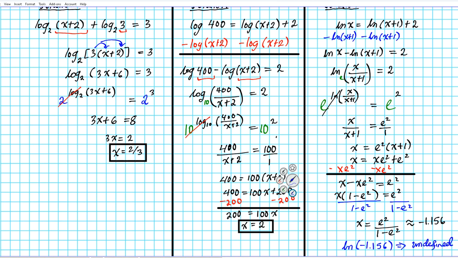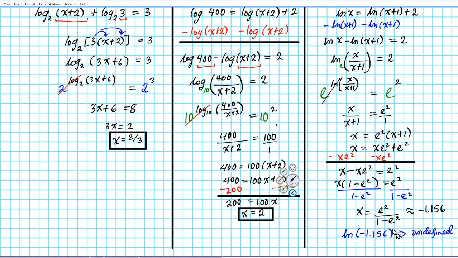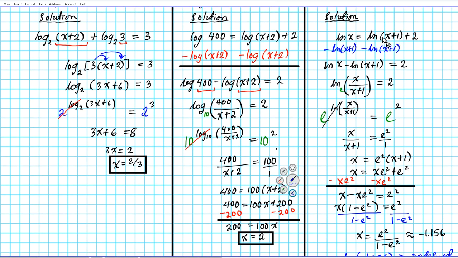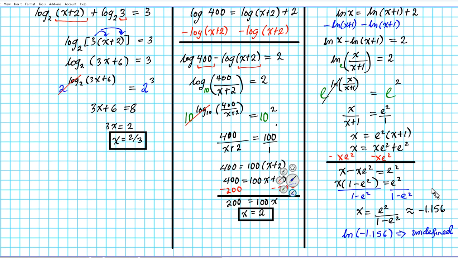You also have a violation here because negative 1.156 plus 1 will result in a negative argument too. It takes just one to result in a domain violation. So in this particular problem, there is no solution. The only solution that we have is extraneous. So there's no solution here.